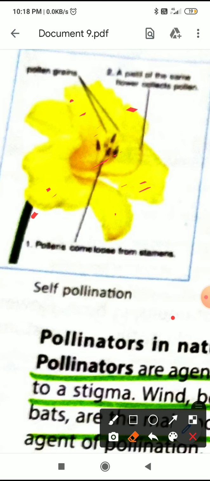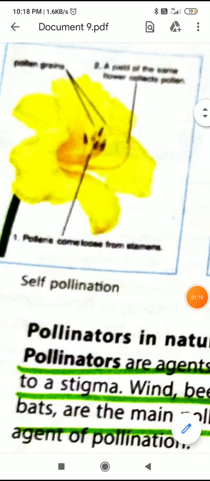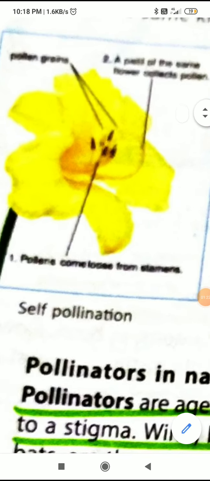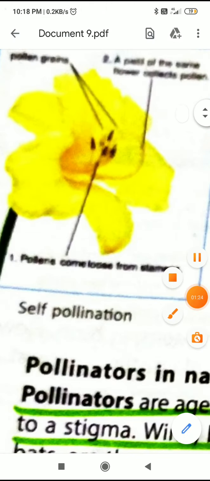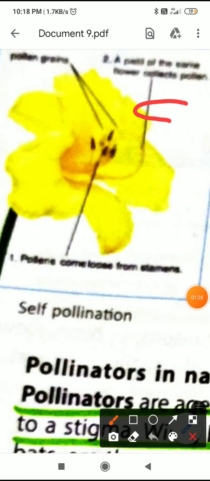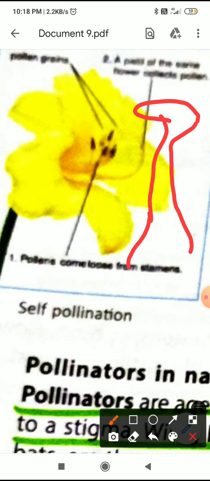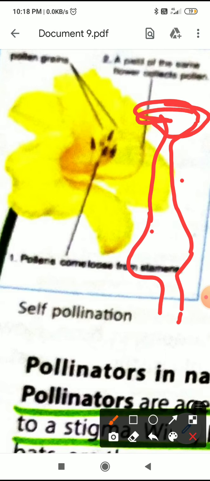Now in your book the pistil was given in this way. I am just drawing the picture, showing to you in this way. So pistil has what? Three parts: ovary, style and stigma.